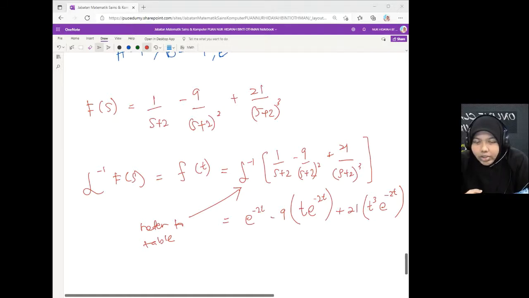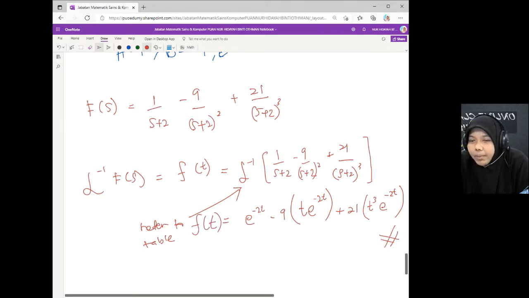Okay, kalau kita boleh lihat di sini. Maka siaplah untuk yang ini soalan kita dalam bentuk F(t). So ini adalah F(t) yang kita dapat tu.